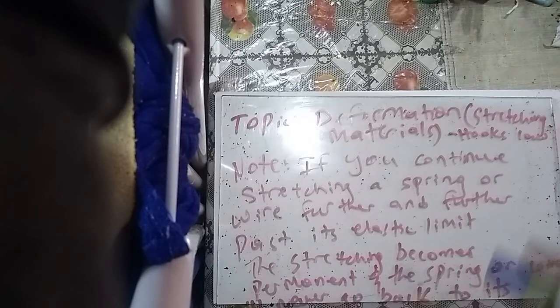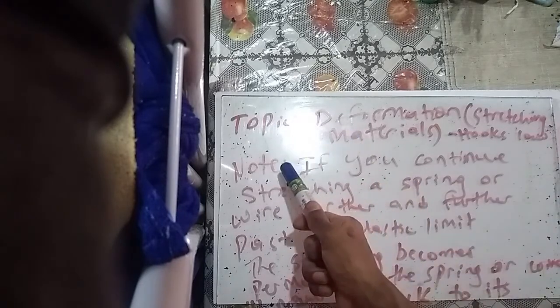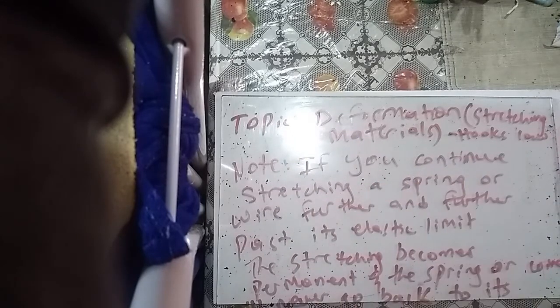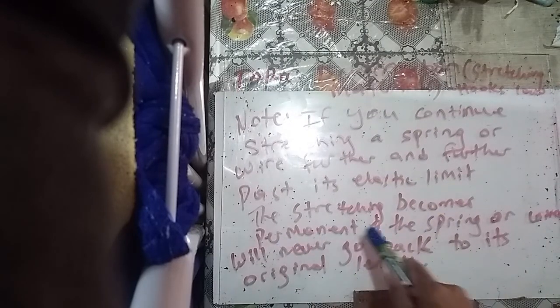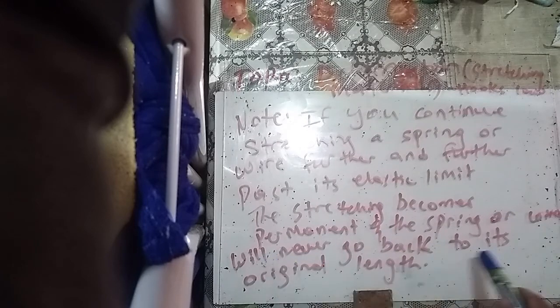Now, if you continue to stretch a spring or wire further and further past its elastic limit, the stretching becomes permanent and the spring or wire will never go back to its original length. When this is done, you have passed its elastic limit. When you stretch the spring until the spring can't come back together, right?